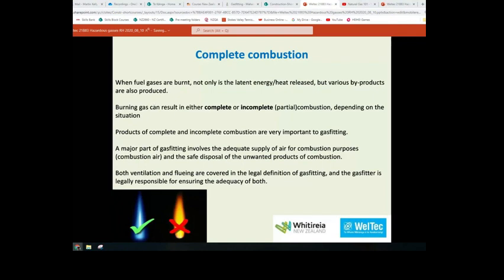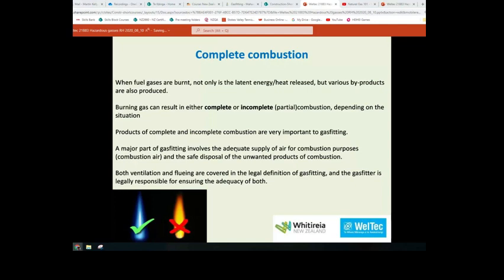So there's one more thing, which is carbon, or commonly known as soot. So if you see black stains around a heater or a gas fire or something, that's a big indicator that you've got incomplete combustion and you've got a problem.